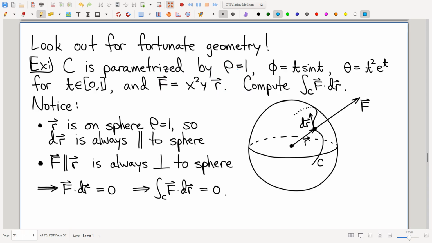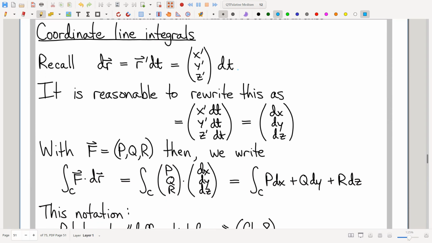Okay. Next thing. This is mostly just notation. We already know this fact about the dr vector. dr is r prime dt. Well, of course it is. The derivative is done one coordinate at a time, so I can break down r prime in coordinates. I can distribute the dt.